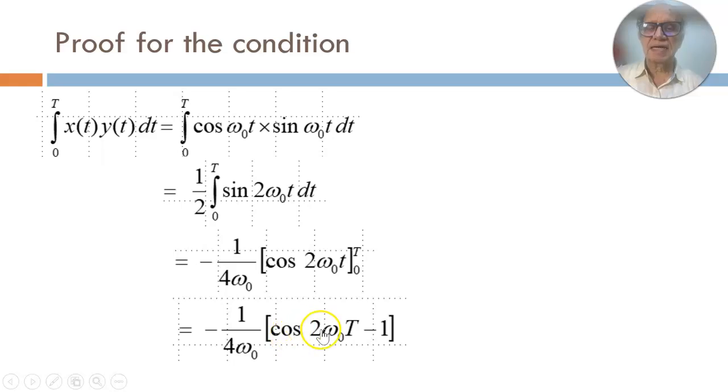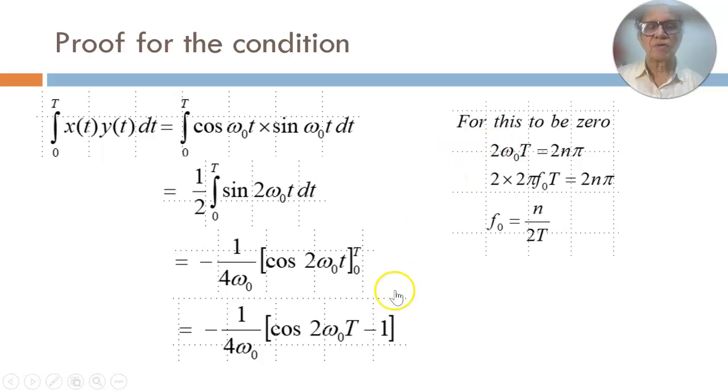Which means that this angle, represented by 2ω₀T here, should be an integer multiple of 2π for this to happen. So the condition for this to be 0 is 2ω₀T = 2nπ. You can write this as 2 × 2πf₀ × T = 2nπ, which finally reduces to f₀ = n/(2T).